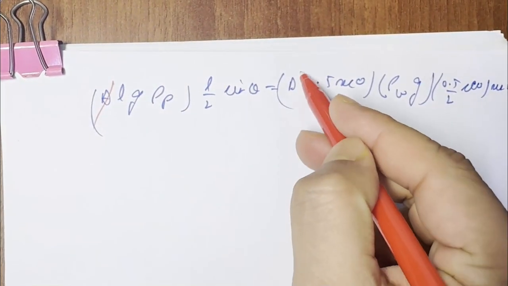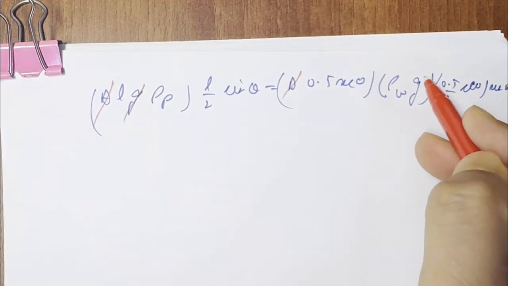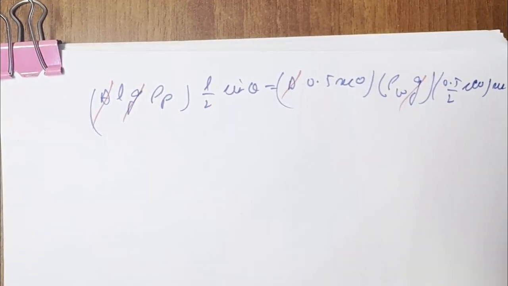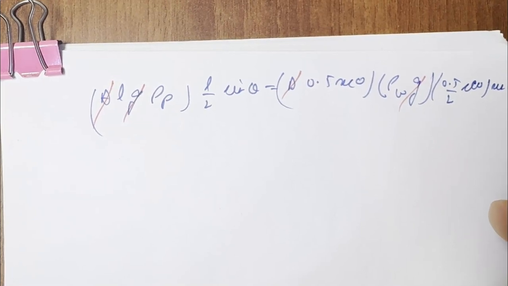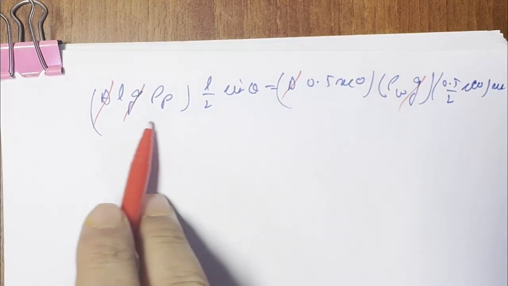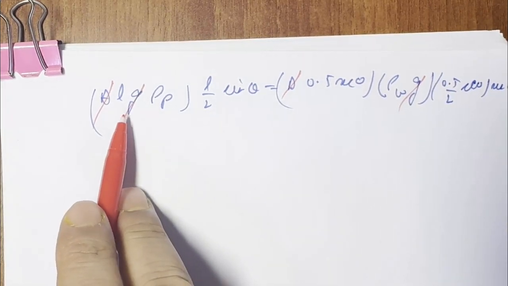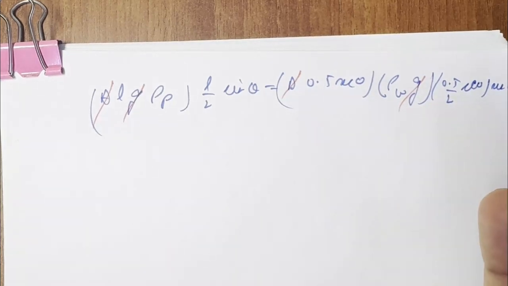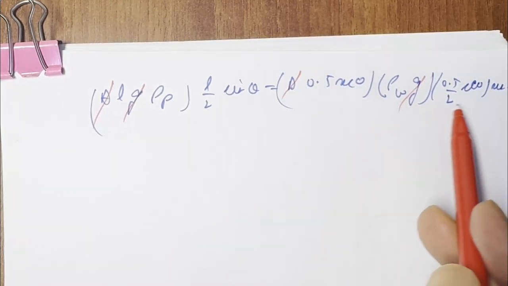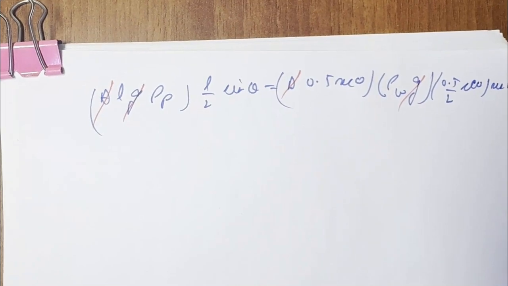So area goes with area, G cancels out with G. Anything else cancels. Length doesn't matter because length is given as 1. So I think this completes it.